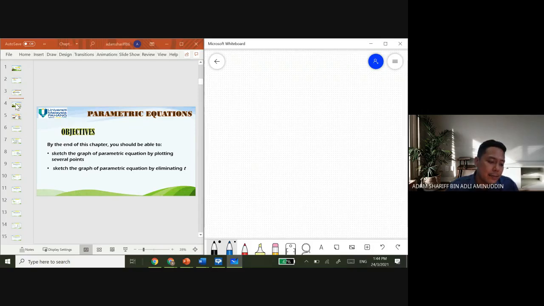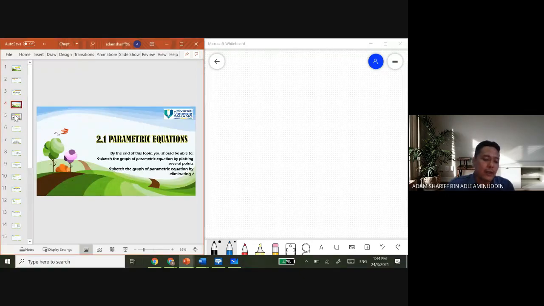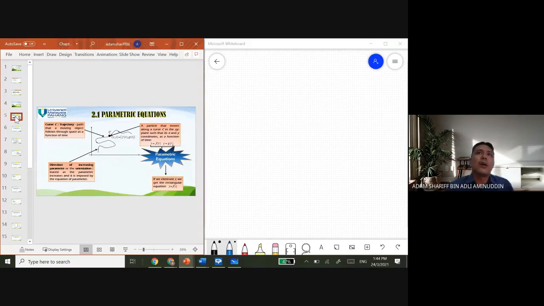Jadi dalam chapter ini, you will go through what happened when one variable is actually affected by more than one variable. Okay, so that is our motivation, and the usage of this kind of representation is plenty.